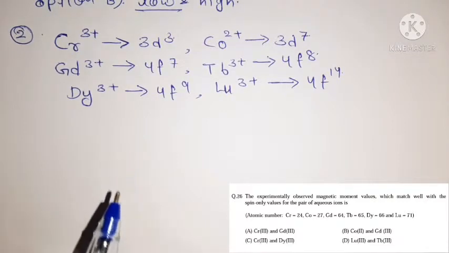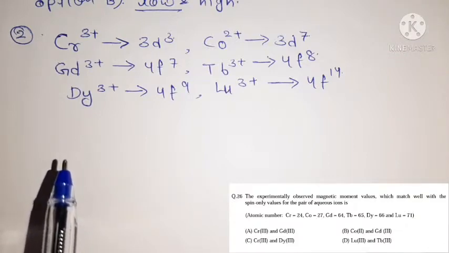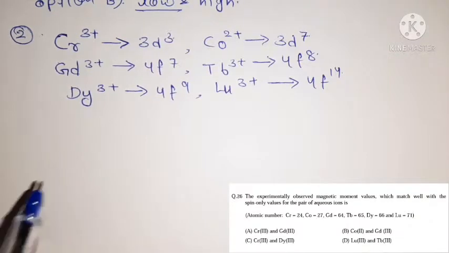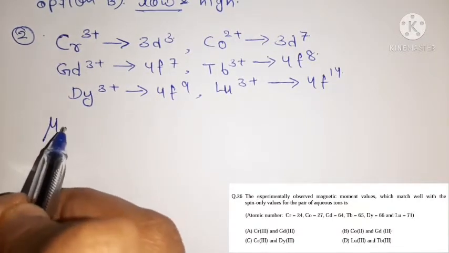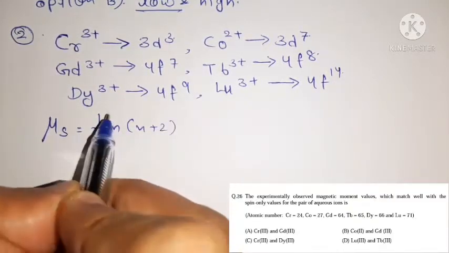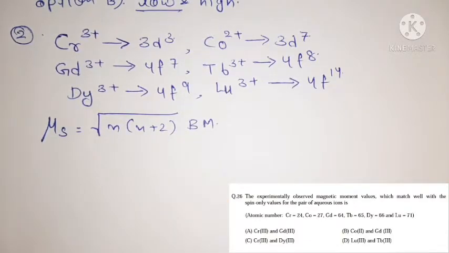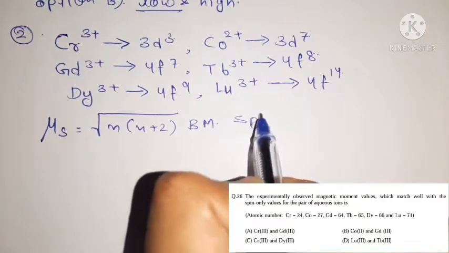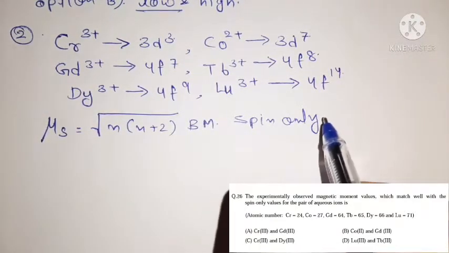Okay, now first of all we know the formula for finding the magnetic moment for spin only values. We have a general formula for finding the magnetic moment, that is mu s is under root n into n plus 2. This formula is used only for finding the spin only magnetic moment.